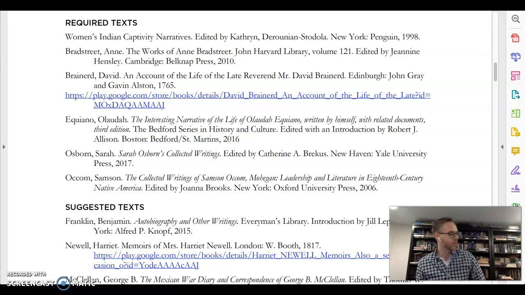Then, of course, we also have narrative accounts of Harriet Jacobs and the other narrative account of Frederick Douglass. Now, just remember these last ones that I'm showing you, Franklin, McClellan, Jacobs, Douglass, and Harriet Newell, they're part of the suggested texts. They are texts that you can do research on for your research paper, but they're not required for you to do as reading for the course.